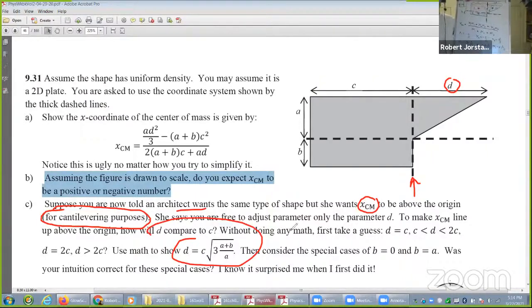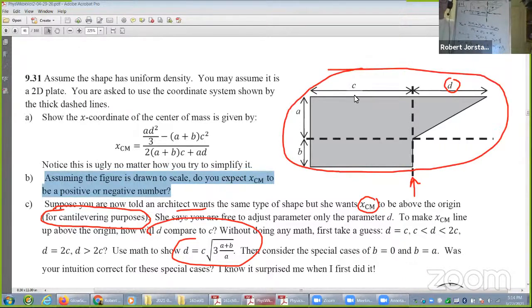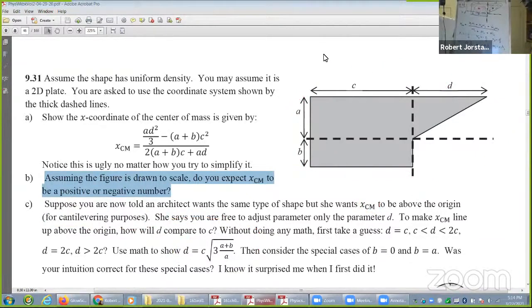And I did that for you. But if you are a civil engineer or an architect, this center of mass stuff is a huge deal because you want your buildings to have supports, and that will affect where the center of mass is located, and will affect the force on each support. More on that in chapter 12. We will talk about basic statics in chapter 12. That's just foreshadowing.